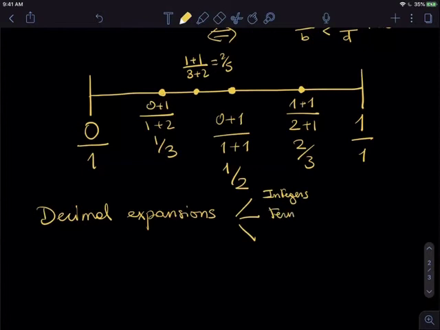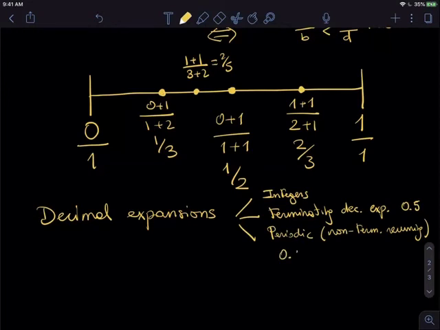We have terminating decimal expansions, for example, 0.5. And we can have periodic expansions. These ones are non-terminating and recurring. So we can have, for example, 0.123, 123, 123, and so on.